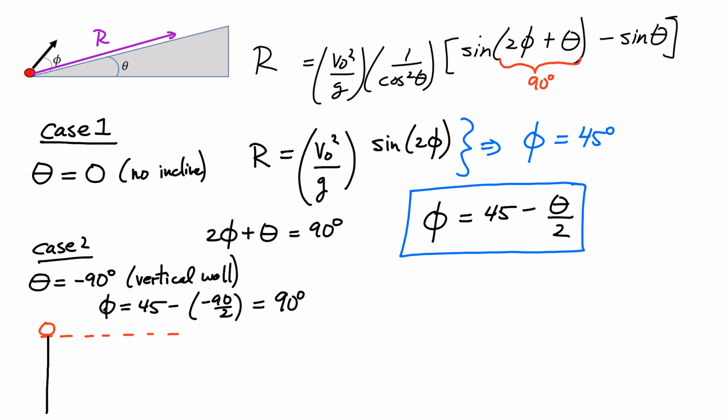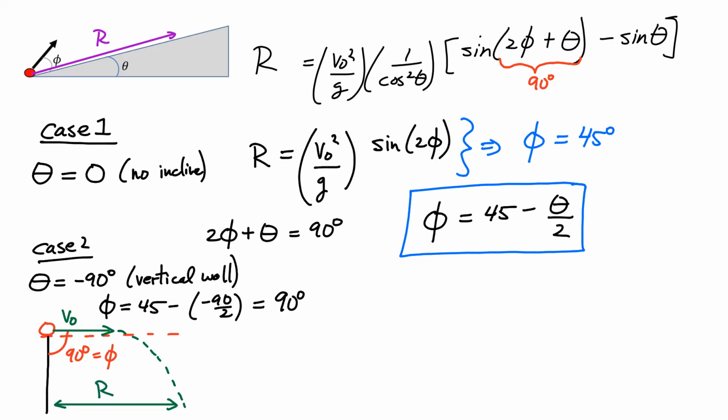Well, that angle phi, remember, is always measured with respect to the surface. So 90 degrees measured with respect to the vertical wall is this. That would be the angle phi, which would mean that I'm launching this projectile horizontally at some initial velocity v0. That's how I would maximize the range, because the projectile would simply go like this, and I'd be at some distance r away from that vertical wall.